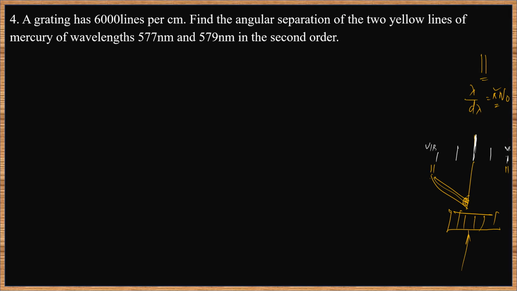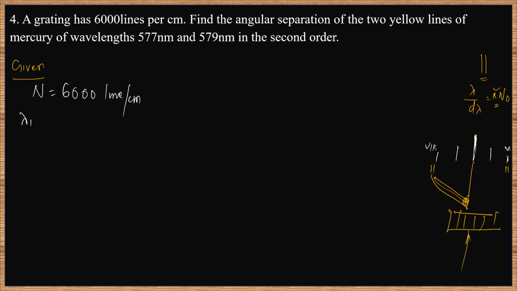First of all, we can write what is given. Here we have the number of lines per unit length: N is equal to 6000 lines per centimeter.